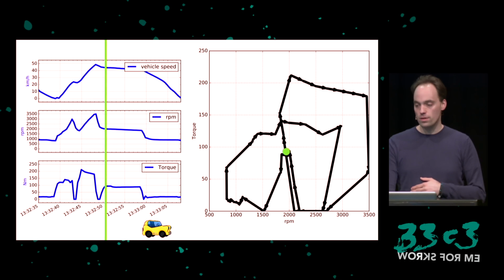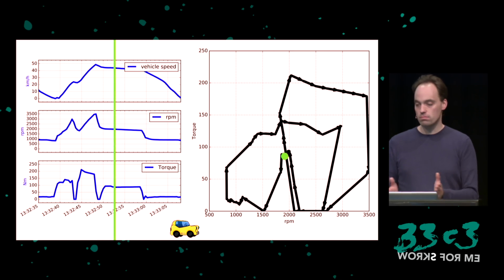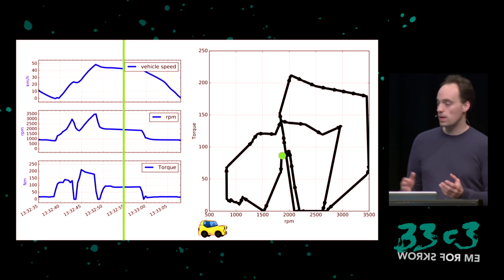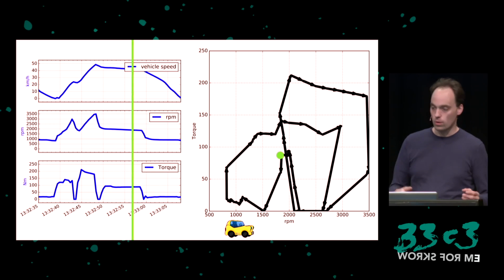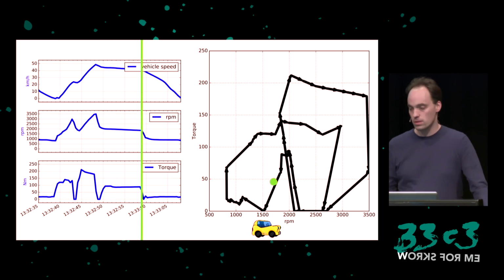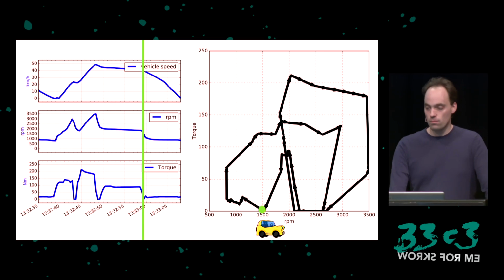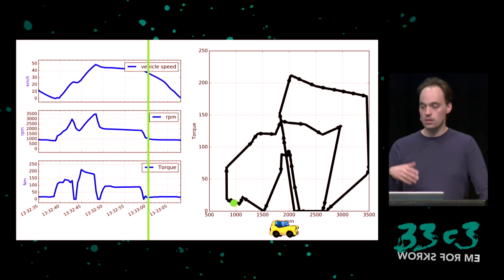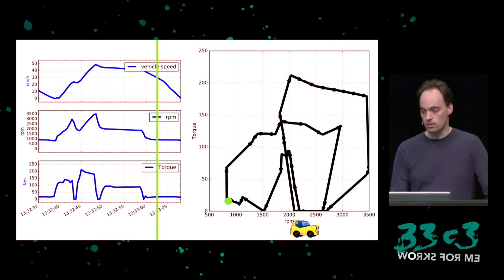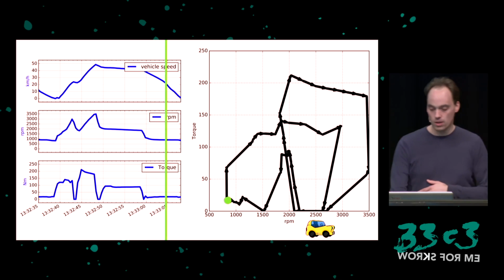While the car is driving, the majority of this cycle, the engine spends in this one operating point, currently at 1,800 RPM or something, and 80 Newton meter or so torque. And then at some point, the driver presses the clutch, the engine goes back to idle, and stays there, basically. So this is how you read this diagram.